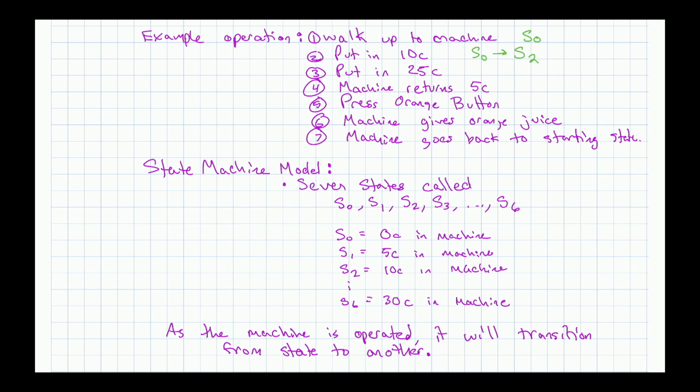Now we put in 25 cents. Okay, so you have 10, you put in 25, so you have 35 cents in the machine. What we said is we're not going to have a state for 35 cents. We're only going to have a state for 30 cents, right? The highest it goes is 30 cents in the machine.